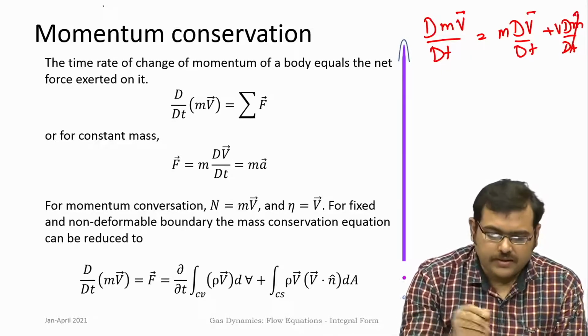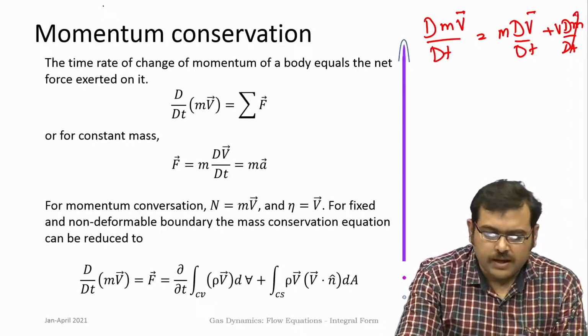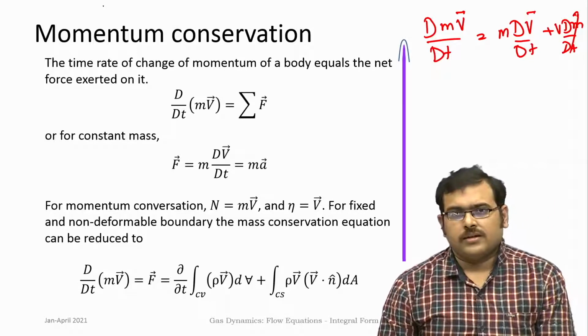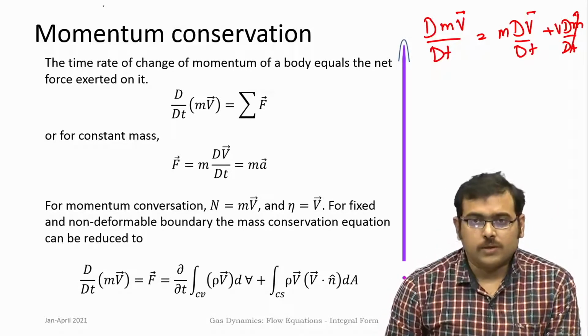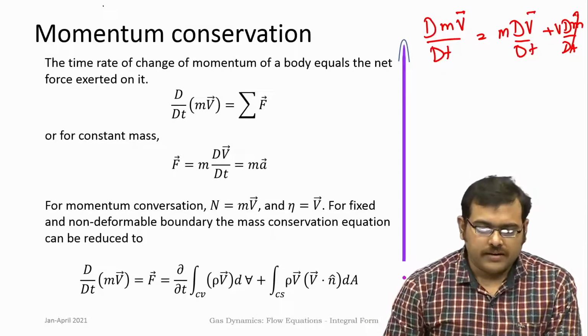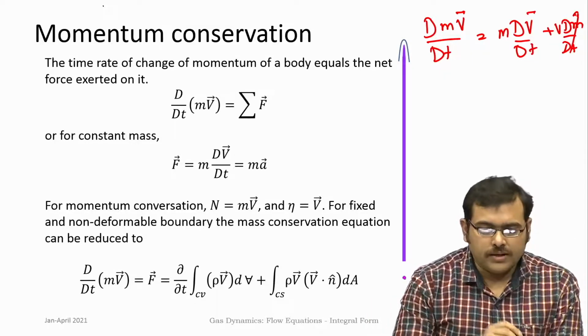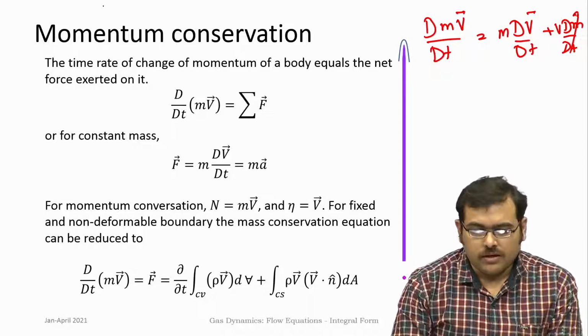So it is m dv/dt. And what is the net change of momentum equal to? It is equal to the net force that is applied on the control volume that is being considered over here.